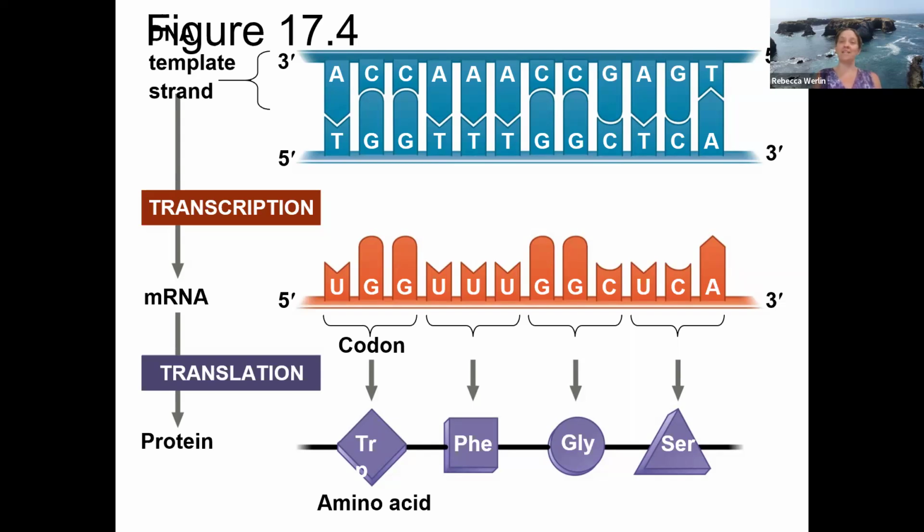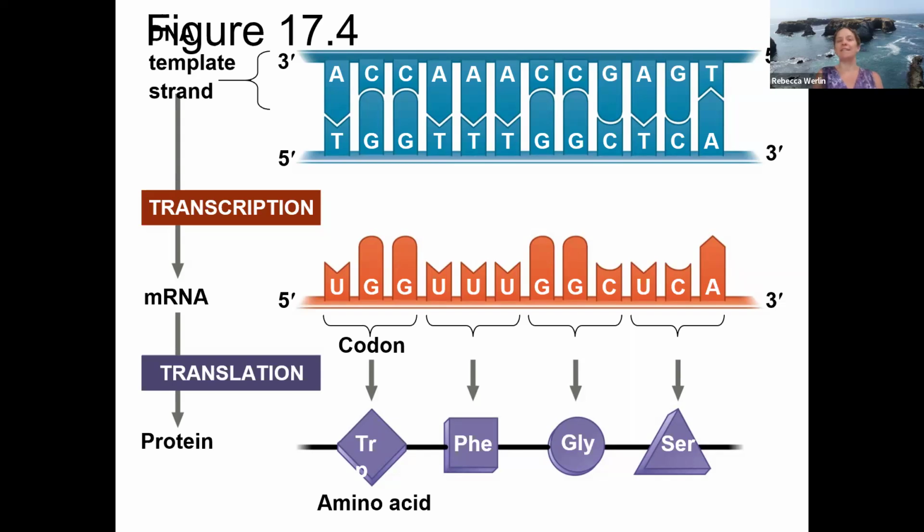And the messenger RNA transcript is full of codons, and transfer RNA uses its anticodons, hydrogen bonding to codons, to translate the messenger RNA transcript from RNA into amino acids.